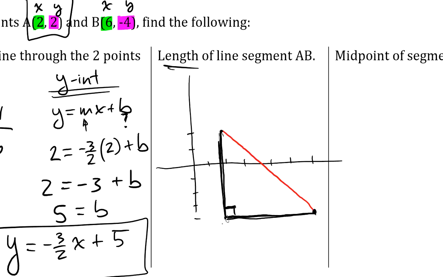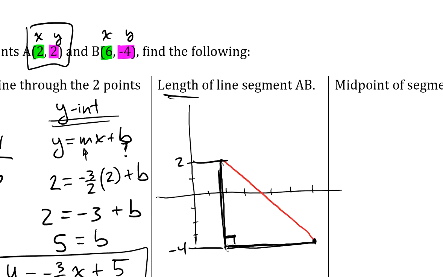Well, look, I'm starting at positive 2 way up here, and down here, my y value is at negative 4. I can see that by looking at the original problem. Here's positive 2, and here's my negative 4. So if I'm traveling from 2 to negative 4, that's 6 units long.